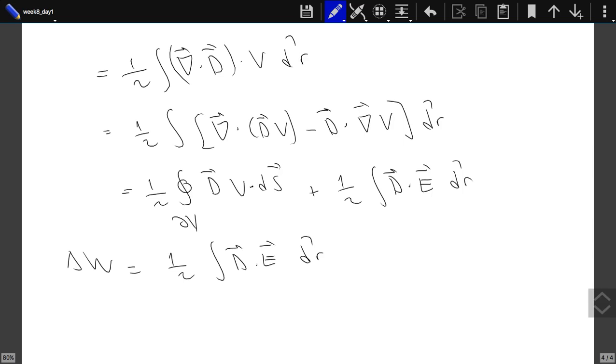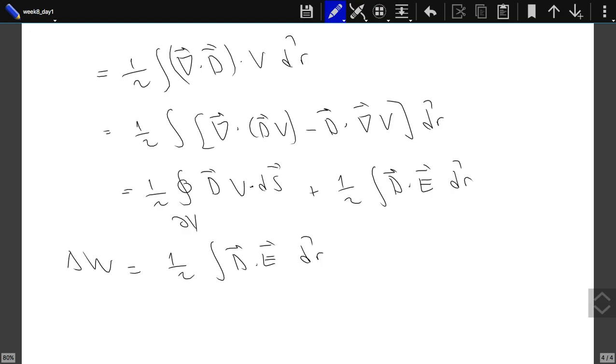Well, there is one point that you have to pay attention to. Okay, this term goes to 0. The integrand goes to 0, but the surface goes to infinity. So you actually have this indeterminate limit, 0 times infinity. But the displacement field, very far away from your localized charges, will go to 0 as 1 over the distance squared. V will go to 0 as 1 over the distance.